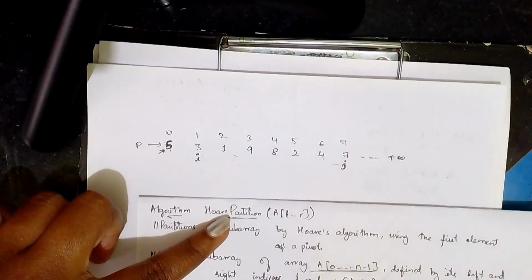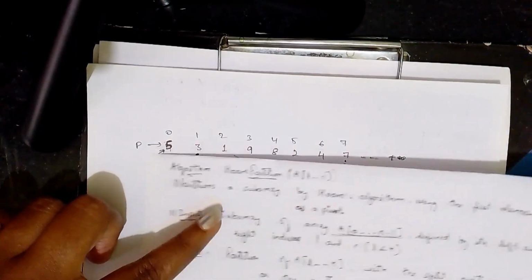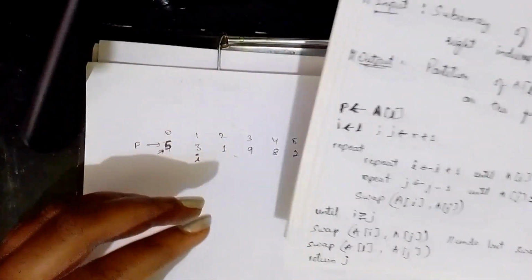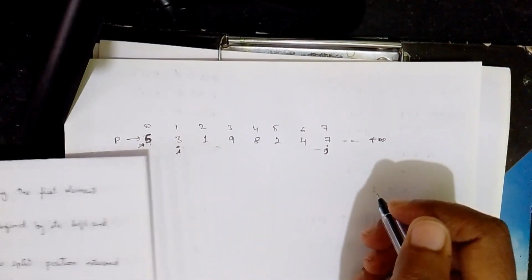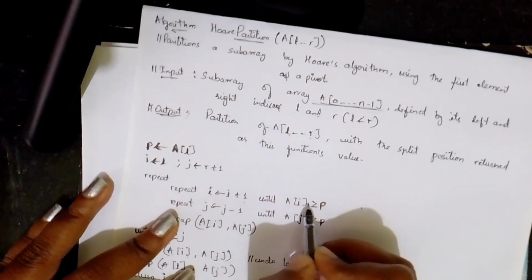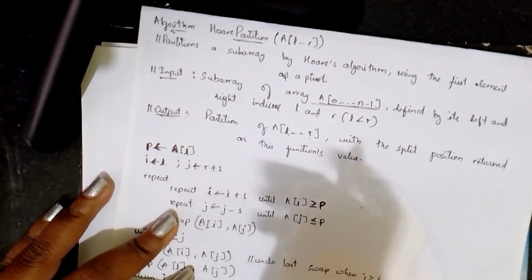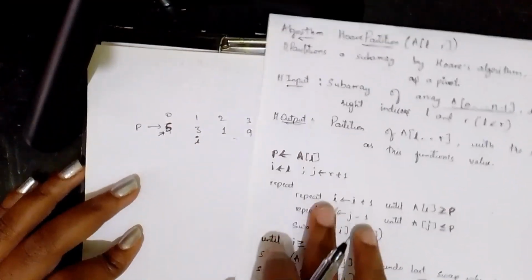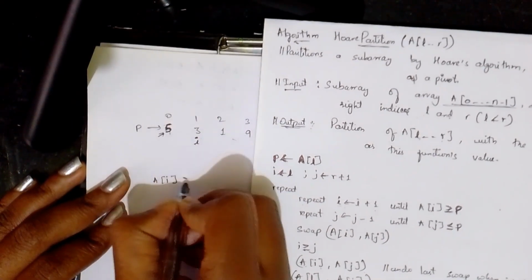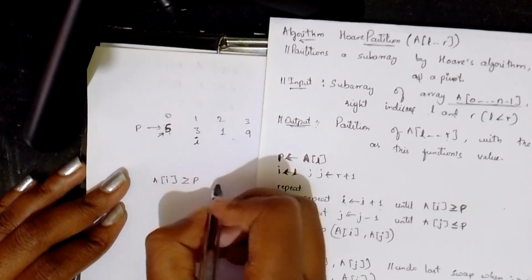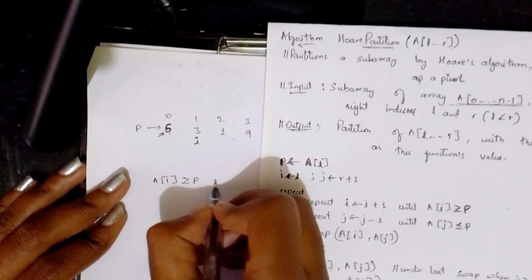Now let's do it. Here I'm using this algorithm. I have to take a of i first: a of i greater than or equal to p, then we increment.